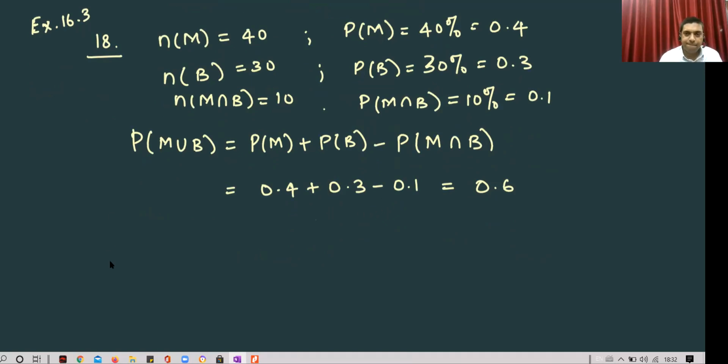Okay, clear? Yes, sir. Similarly, example 19, I think we are through. You can do 19 and 20. In 19, there are two different examinations, and the entrance test is graded based on two examinations.